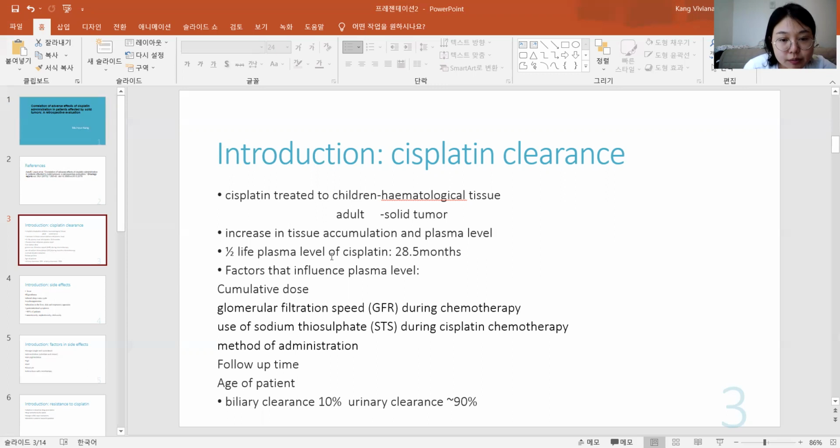Also, plasma levels differ by person, as they are influenced by several factors such as the cumulative dose, glomerular filtration speed during chemotherapy, use of sodium thiosulfate during cisplatin chemotherapy, method of administration, follow-up time, or the age of patients.